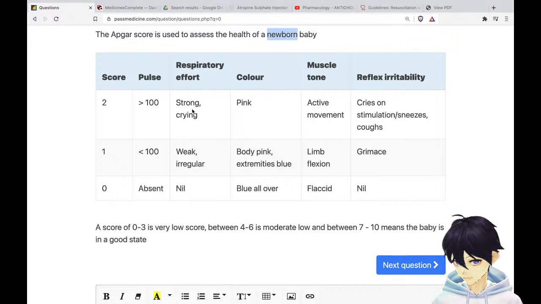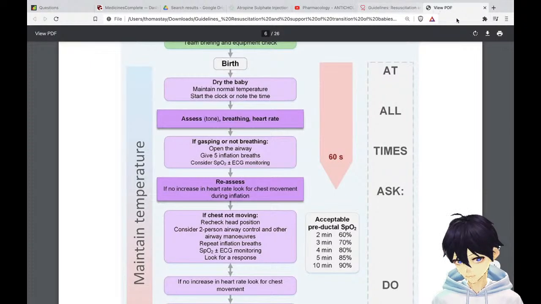Remember there's a mnemonic for Apgar score. A for something, P for something, G for something. Let's see if it's available.